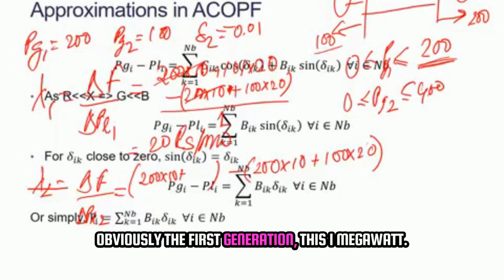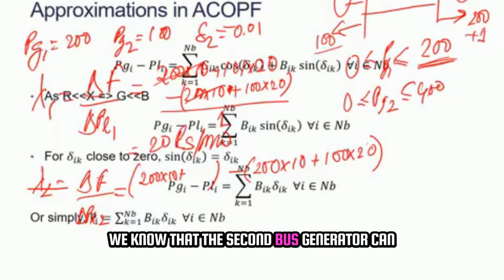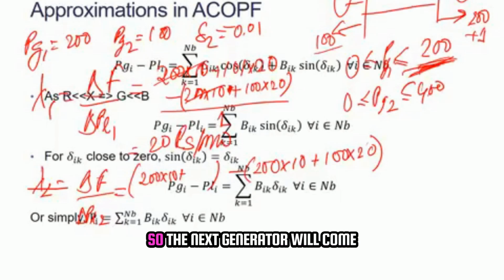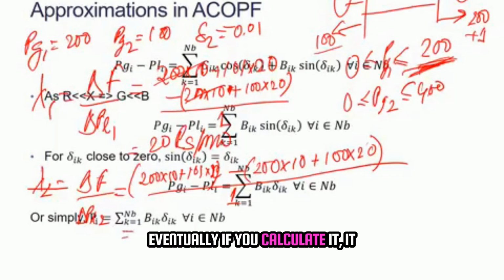Obviously this 1 megawatt I am increasing at the second bus. And we know that the second bus generator can only generate because the first generator has already reached its maximum limit. So the next generator will come from the second bus. So it will be 101 into 20 and this will be 1. Eventually if you calculate it, it will be 20 rupees per megawatt.